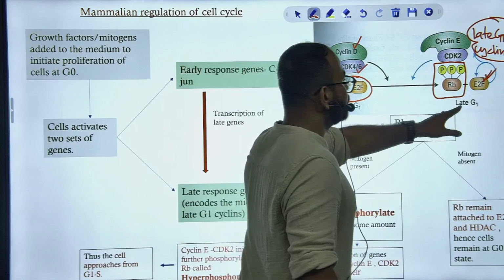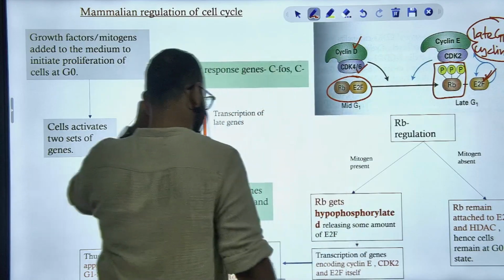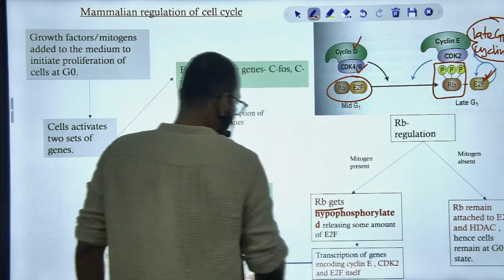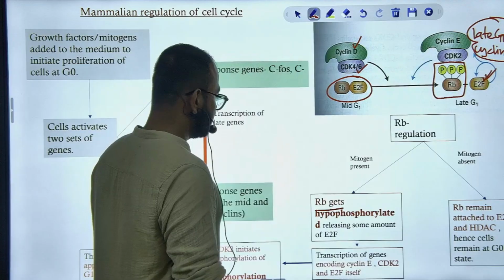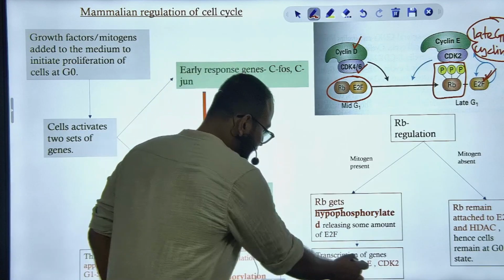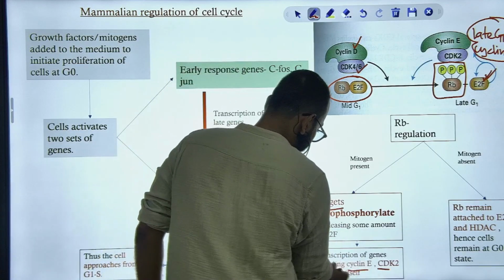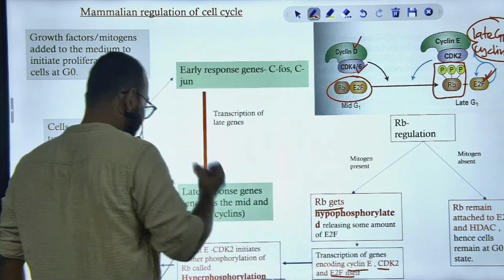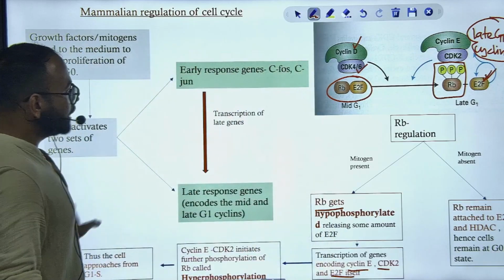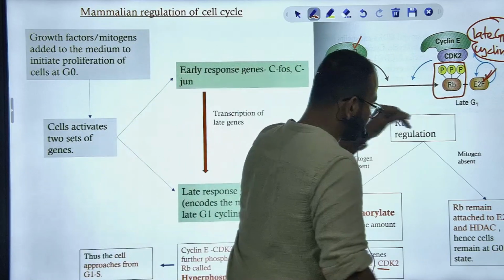This is the late G1 mechanism. When RB gets hypophosphorylated, transcription of genes like cyclin E and CDK2, and hence E2F itself, gets activated so that the cells can enter from G1 to S.